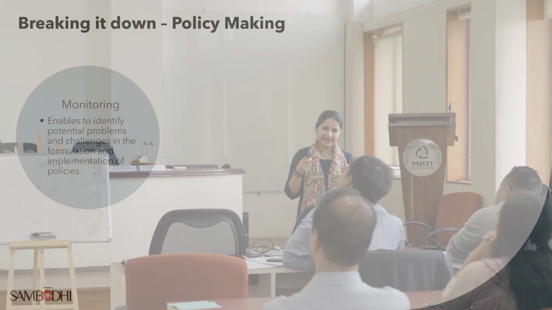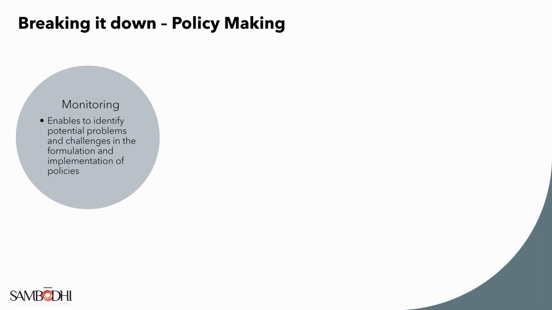So these were the larger purposes that M&E, or monitoring and evaluation, can serve in a policy or government space. Now, we can also break it down specifically by monitoring, evaluation, and learning. When we talk about policy making, monitoring can help us identify the problems and challenges in the beginning stage, while I'm formulating certain aspects, or while I'm implementing.